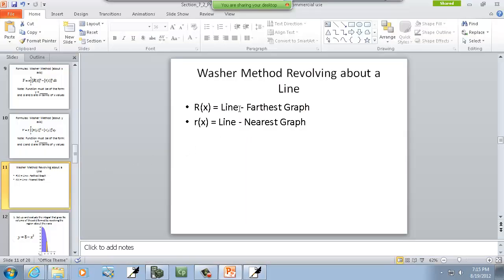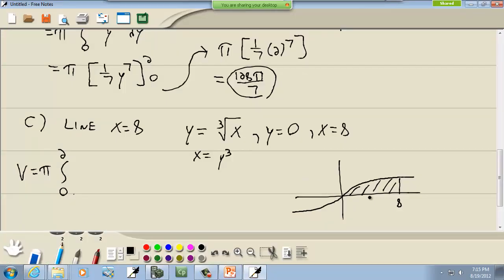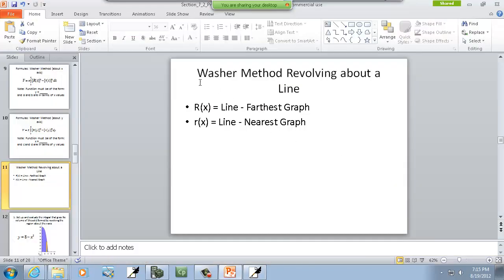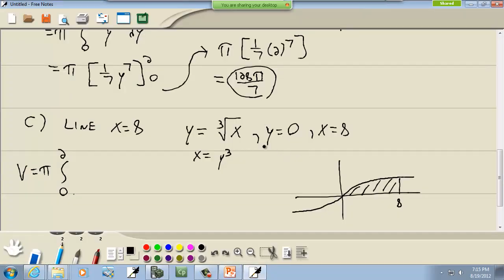And over here, there is no big R of x and little r of x because there's just one graph we're revolving around. But if we did put that in there, our line minus our farthest graph. Well, which one's our farthest graph? Okay, this one right here.